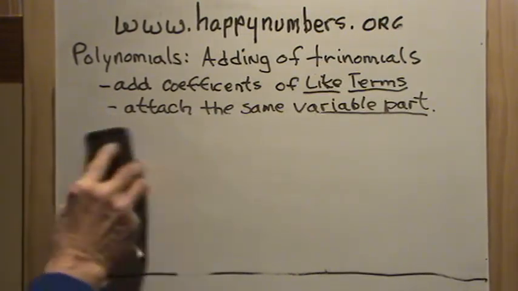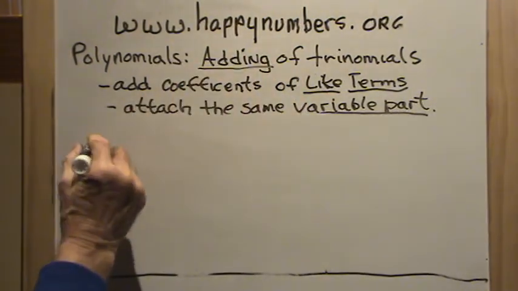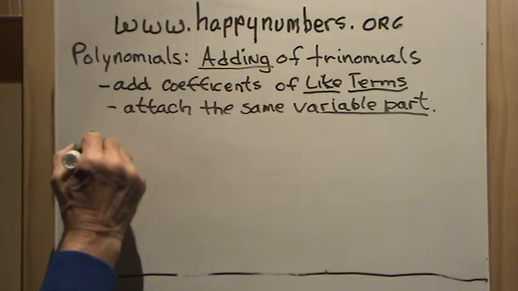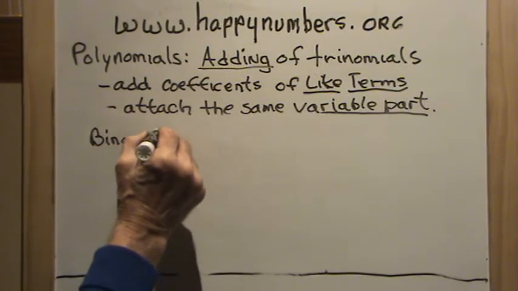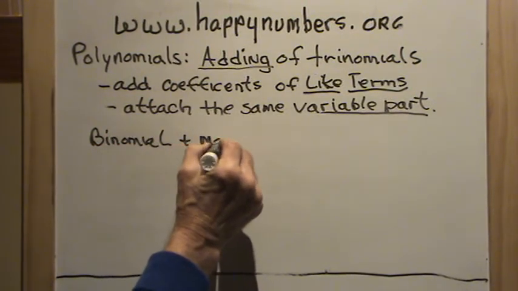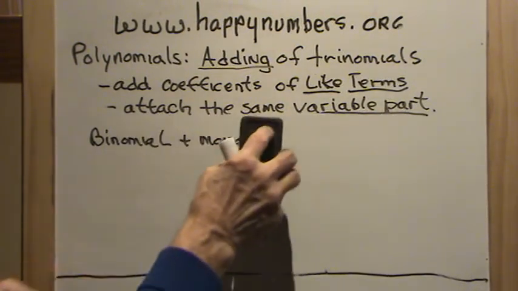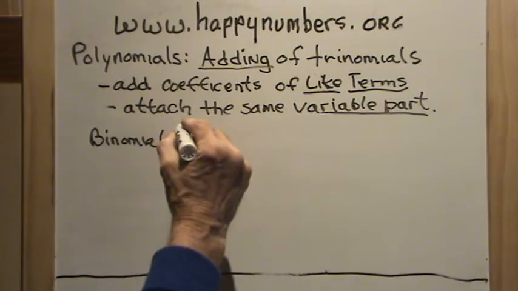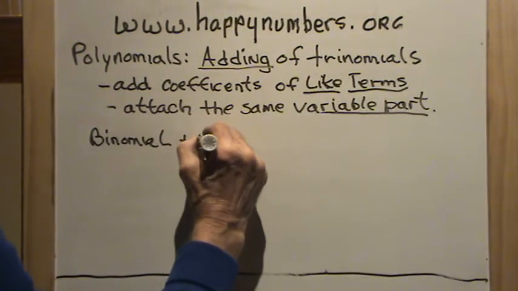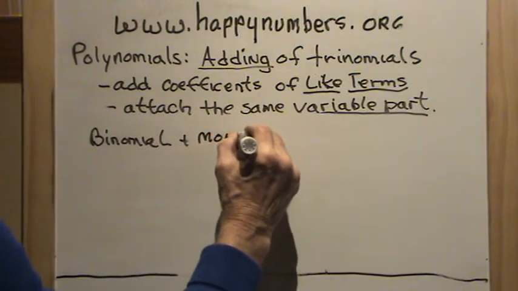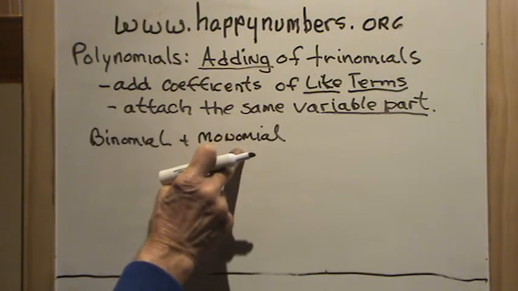So let's just review now what we have done with all of our addition. We have done addition of a binomial plus a monomial. Oops, my bad. So we've done binomial plus monomial.